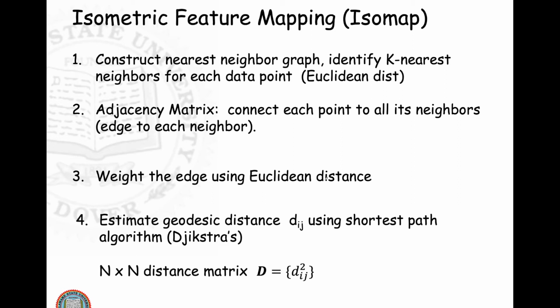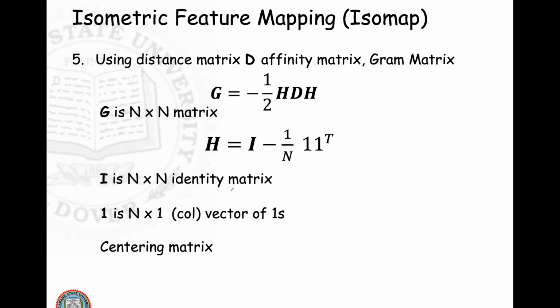You construct your nearest neighbor graph. You build your adjacency matrix. You weight the edges using Euclidean distance, and run Dijkstra's algorithm for all-pairs shortest path along this nearest neighbor graph. You get your distance matrix. You take this distance matrix and construct an affinity matrix, using the centering matrix to center the columns and center the rows by left multiplying and right multiplying.